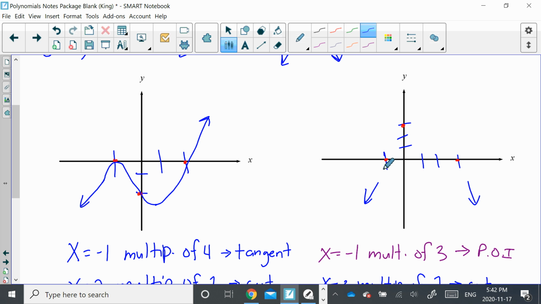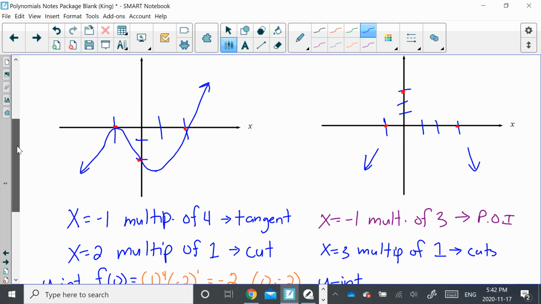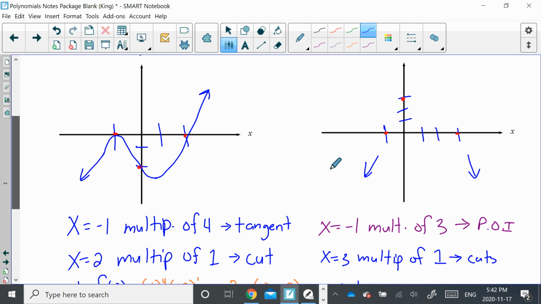Before we graph it, we're going to punch it into our calculator. Here's my -1. It's going to have a point of inflection, so I've got to do that concavity thing, changing my concavity there. Then at 3, it's going to cut through. So it's going to be straight here, and there's going to be a point of inflection there.